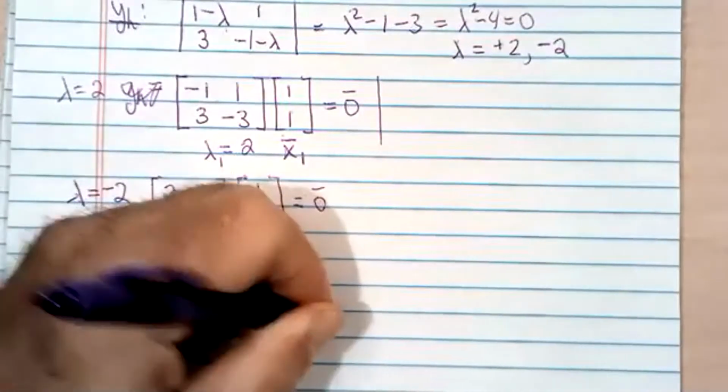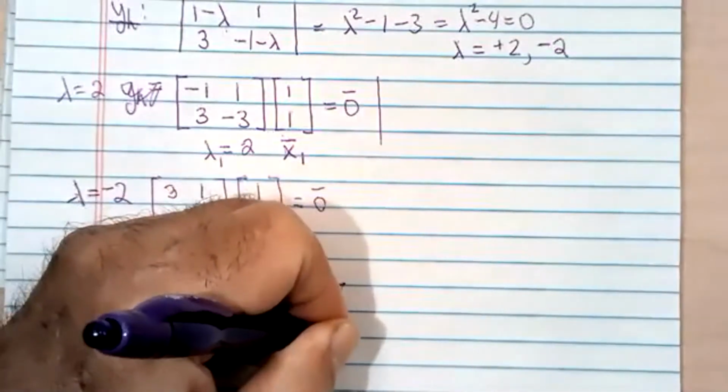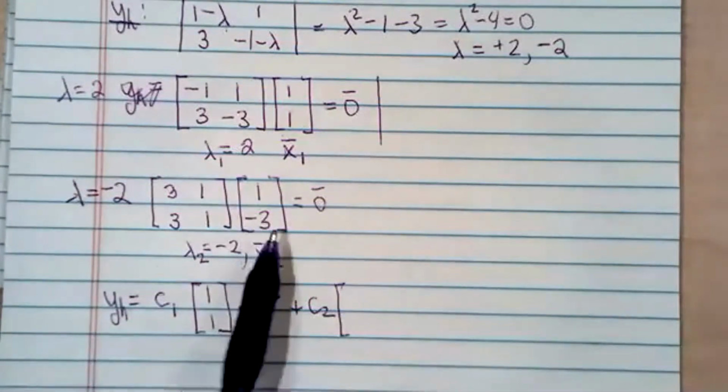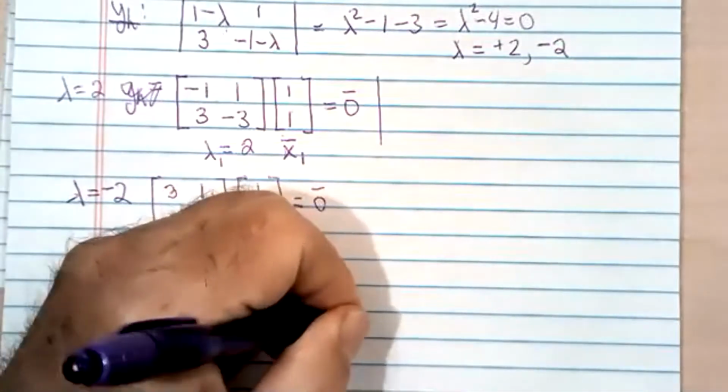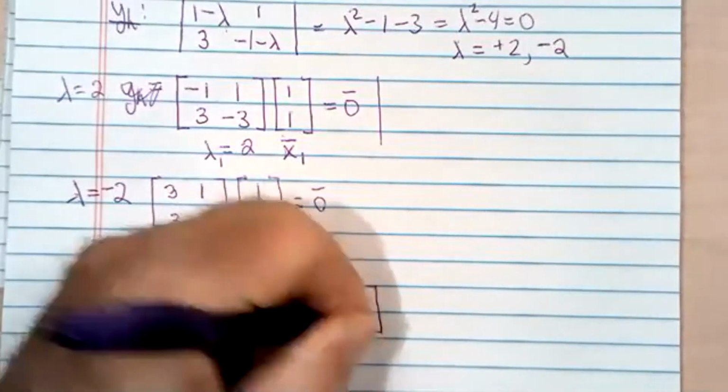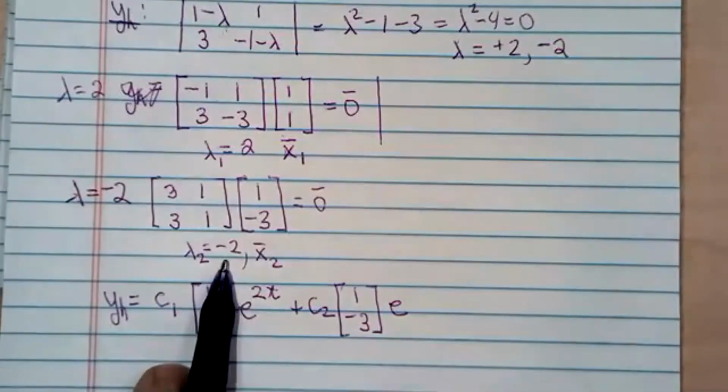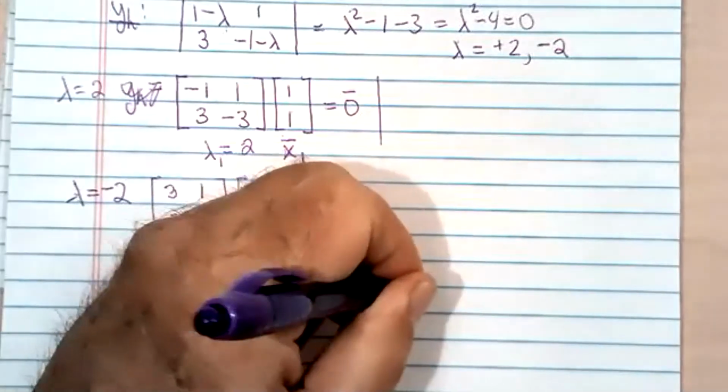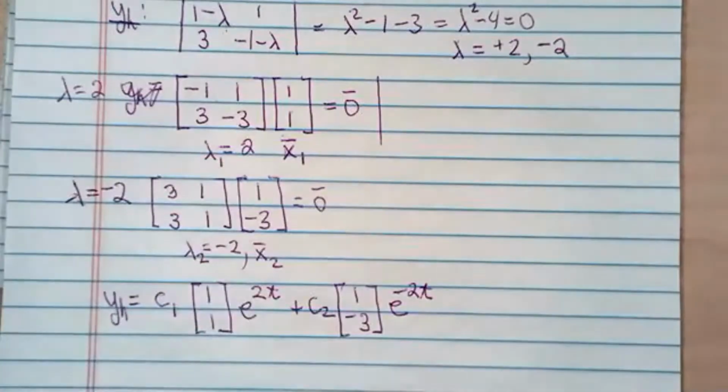And then C2, take a look then at the second eigenvector, 1, -3, e to the -2t, where -2 is the next eigenvalue. So there's the homogeneous solution.